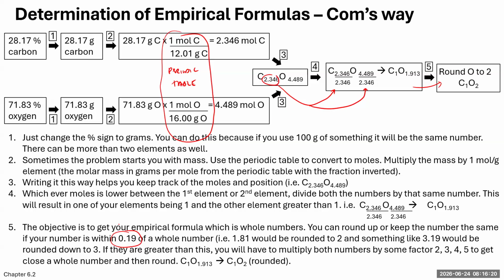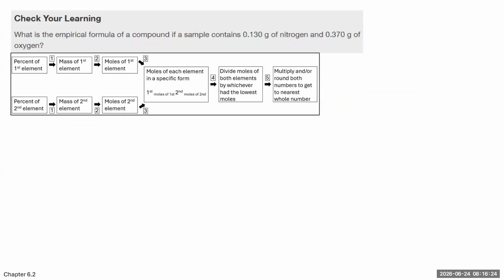All right, we talked about this. Let's give it a whirl. What is the empirical formula of a compound if the sample contains 0.130 grams of nitrogen and 0.370 grams of oxygen? Let's try that out.